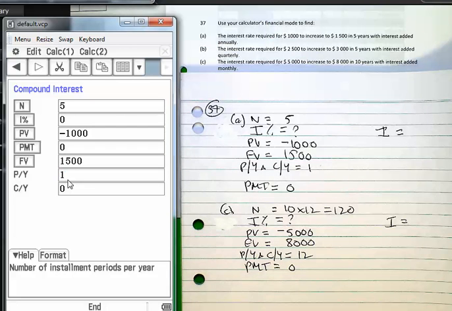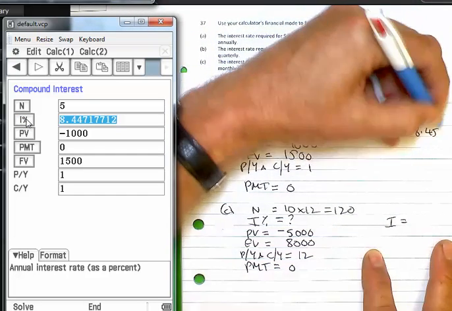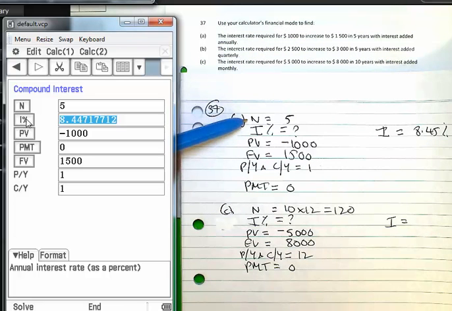Calculated annually. Go up to the interest and you can see 8.447 or 8.45%. Notice how I've set it out, the number of payments, the interest, present value, future value, payments per year, compounding a year 1, payment 0.